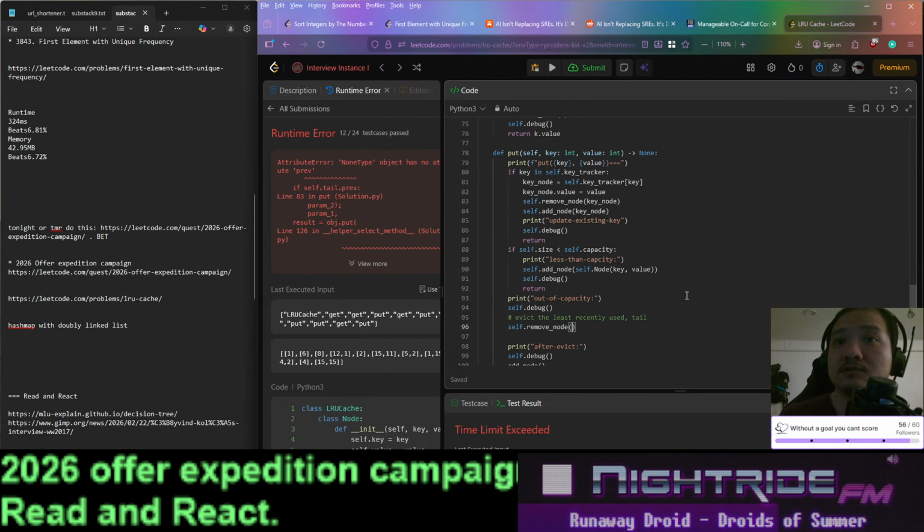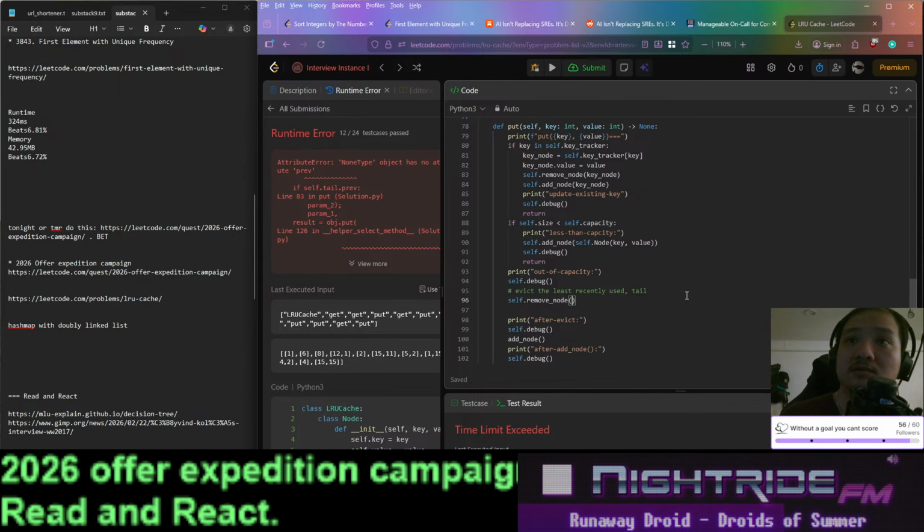This is self.key_tracker. And when we remove, we gotta self.node, key, value, right?